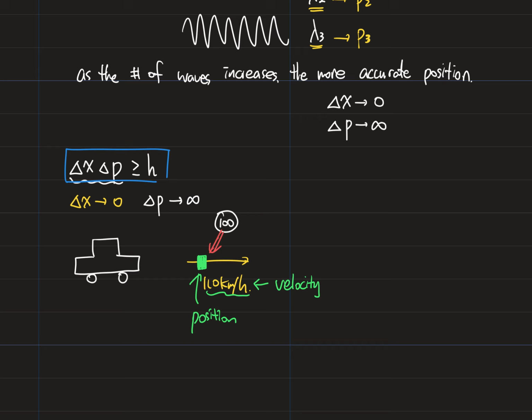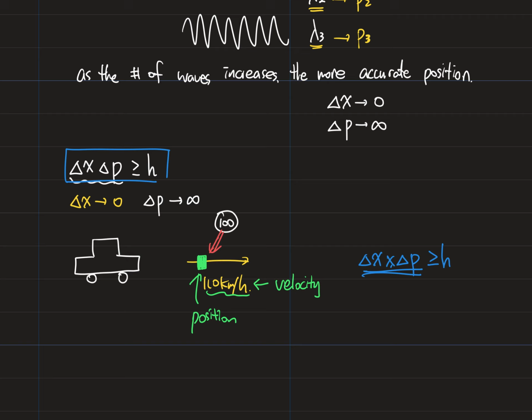But our daily life consists of very big stuff compared to the atomic scale. So even if there is some error in the position and some error in delta p, the multiplication of these two quantities can still be larger than h, even though we could not notice their difference.